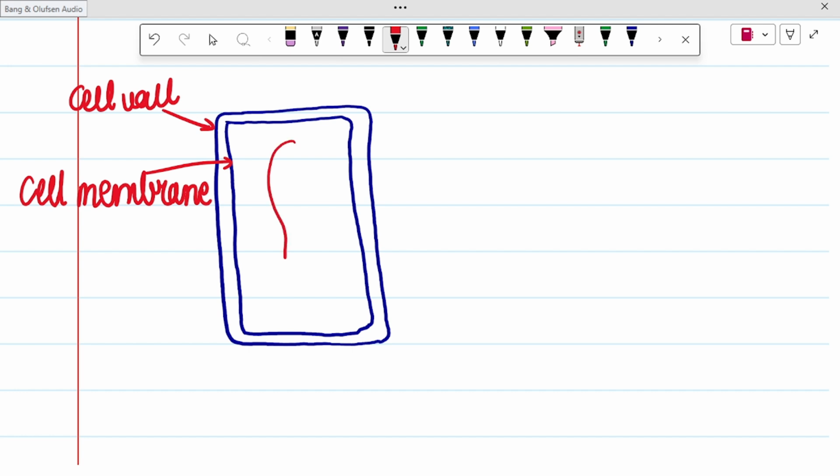Here you have vacuole, large permanent central vacuole. Whereas in animal cell काफी छोटी सी vacuoles आपको नजर आती हैं. But in plant cell बिल्कुल opposite होता है. So this is your vacuole.